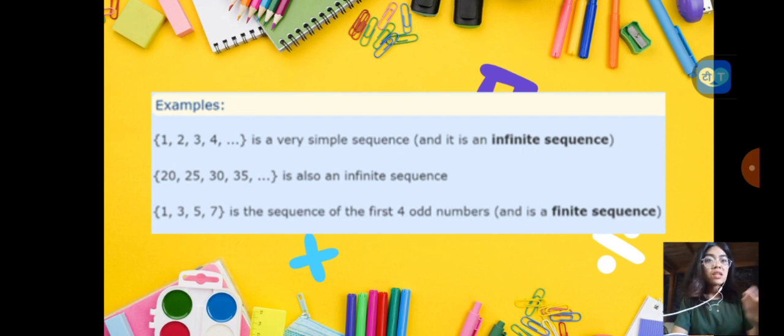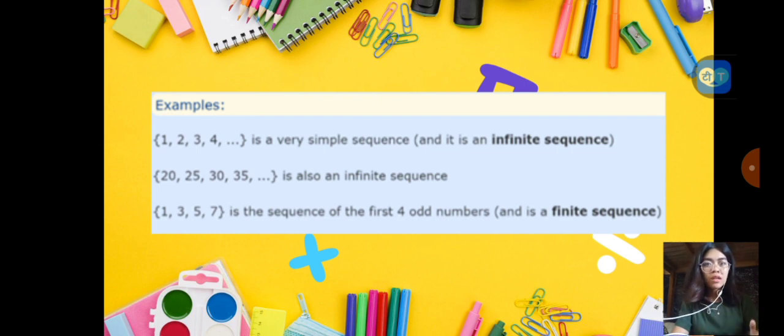This is just a simple sequence that we use every day. Basically, counting is already a simple sequence that we know by heart. Just like here: 20, 25, 30, 35, 40, 45, 50, 55, and so on and so forth. It is an infinite sequence.